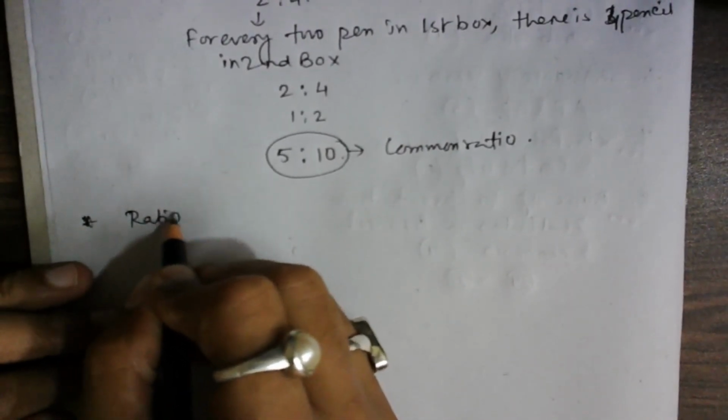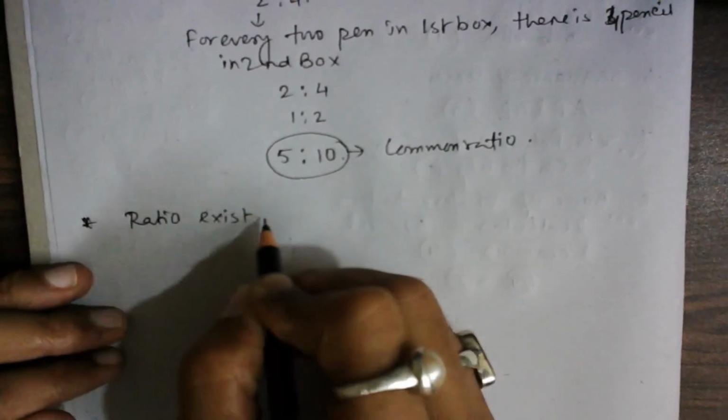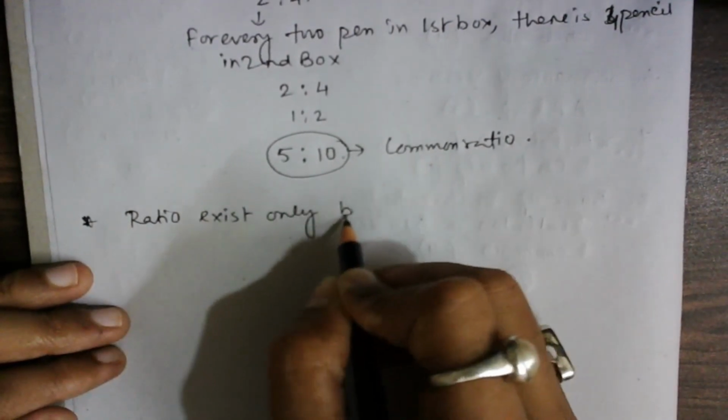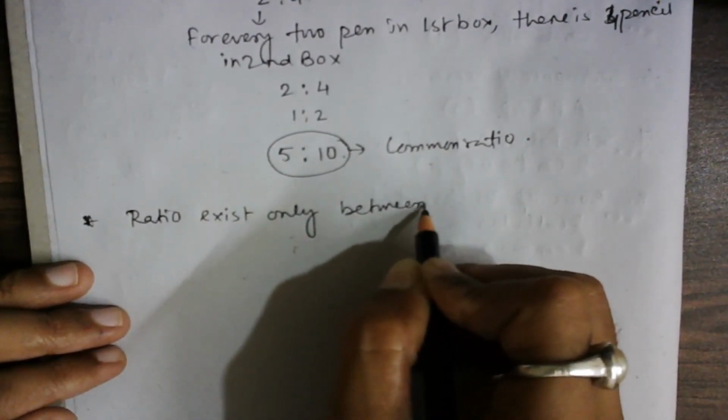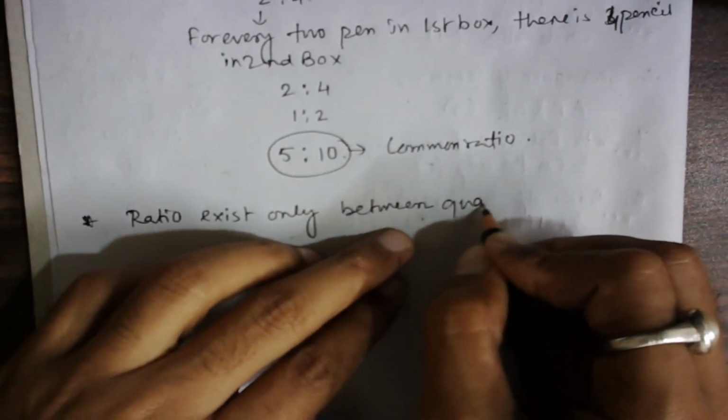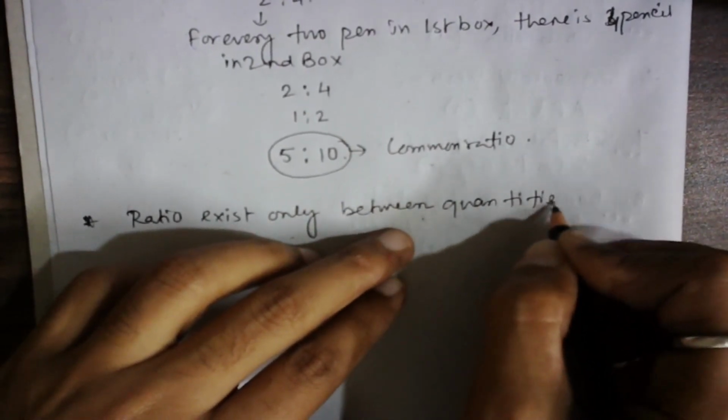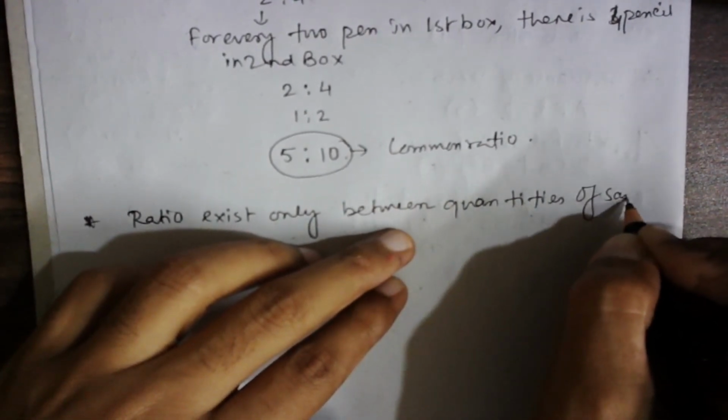Ratio exists only between quantities of the same kind.